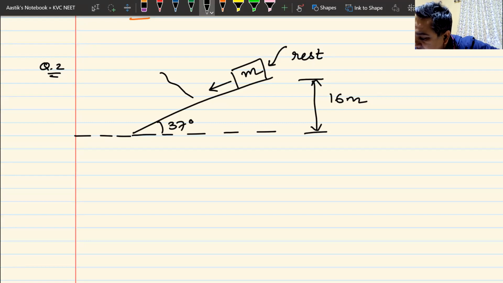But here I have a floor which is rough, and the value of mu is 0.1. Once it reaches the lowest point, can you tell me what is the velocity?